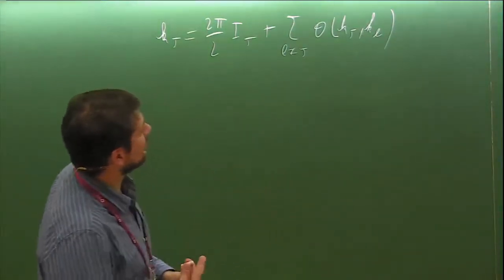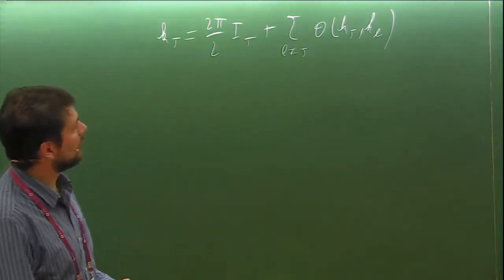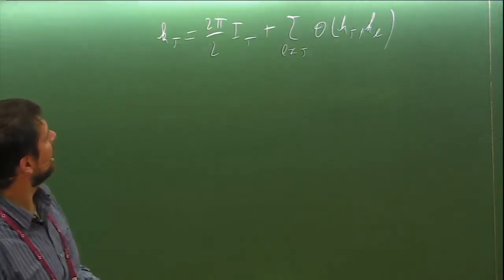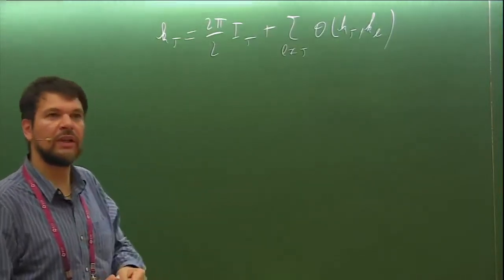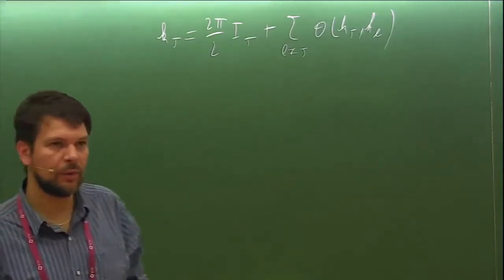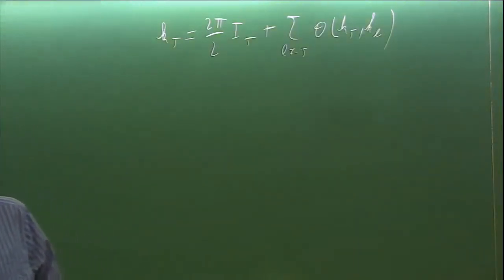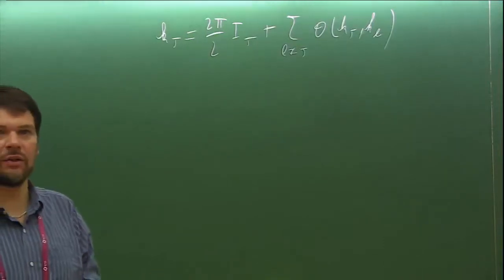For the XXX, we found that we have the additional complication that sometimes the solutions of this equation give complex momenta, which correspond to bound states in which 2 magnon excitations are bound.